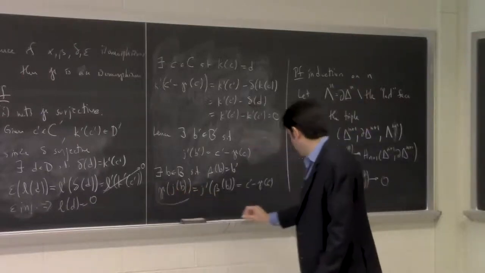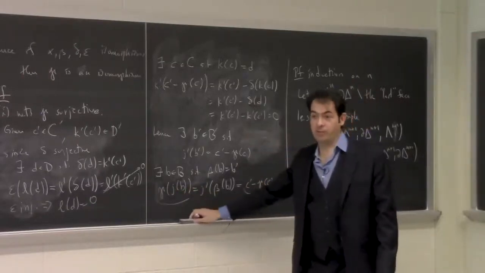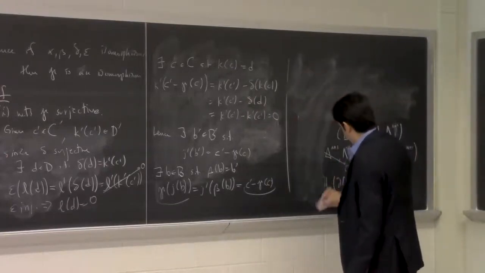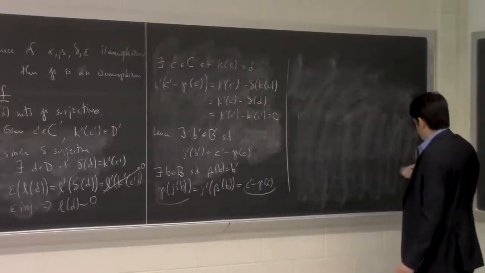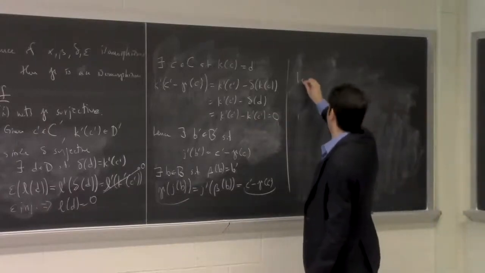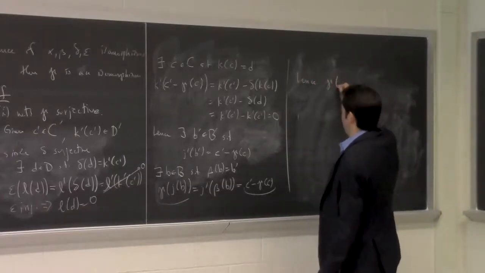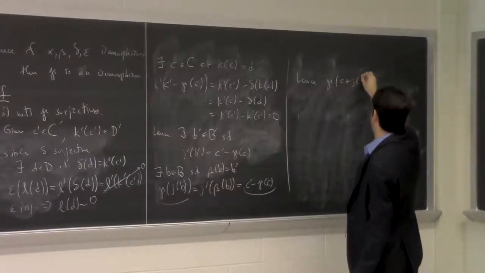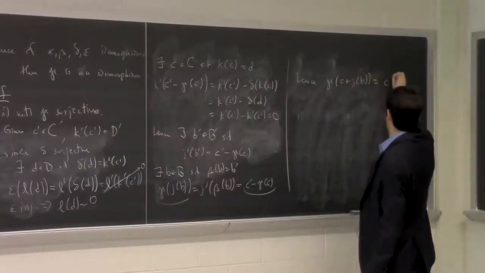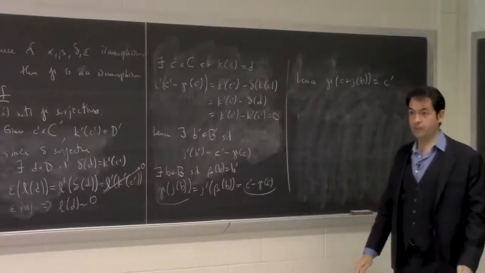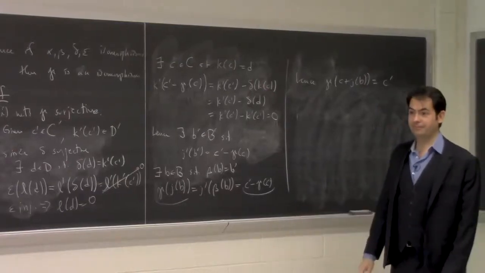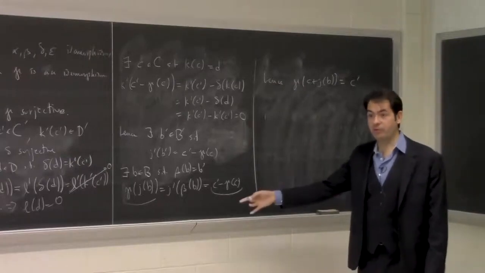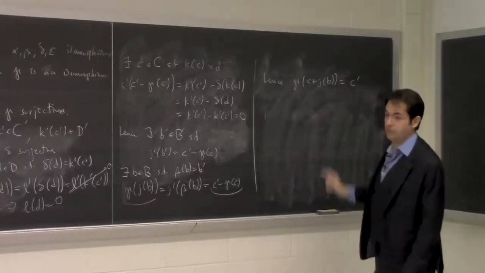So gamma of something is equal to c prime minus gamma of something. So gamma of c plus j of b is equal to c prime. Right? And we've won. Because we wanted to show that gamma was surjective, we started with an arbitrary c prime, and it's in the image of gamma.